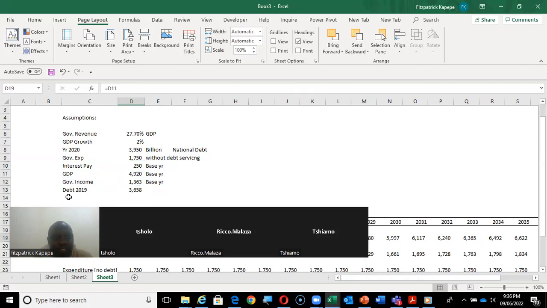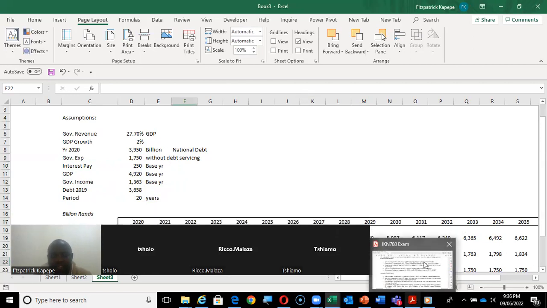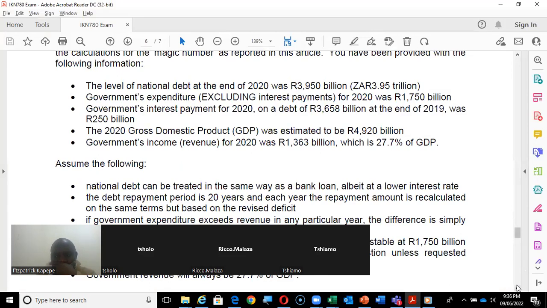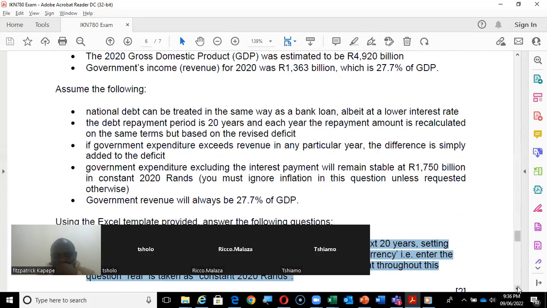And the period, let me just put the period. Period is for 20 years. So there's somewhere where we've been guided on getting the interest.